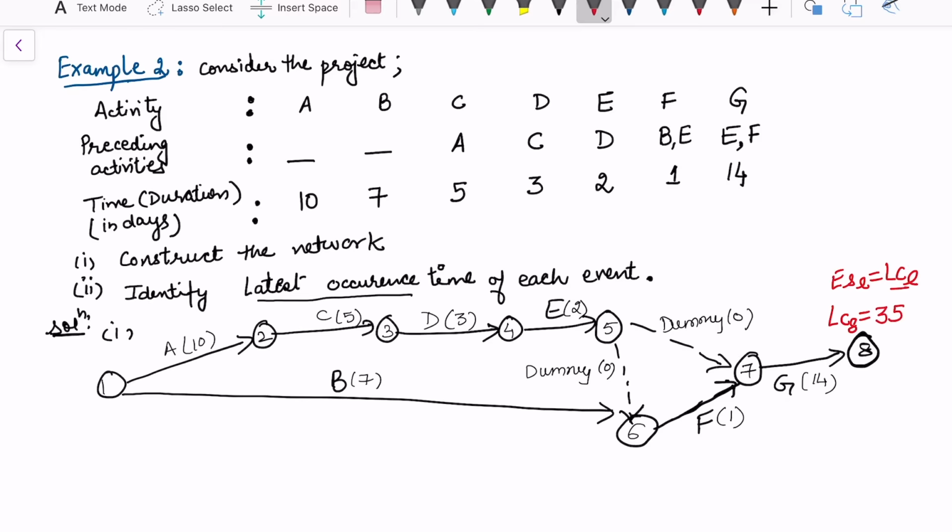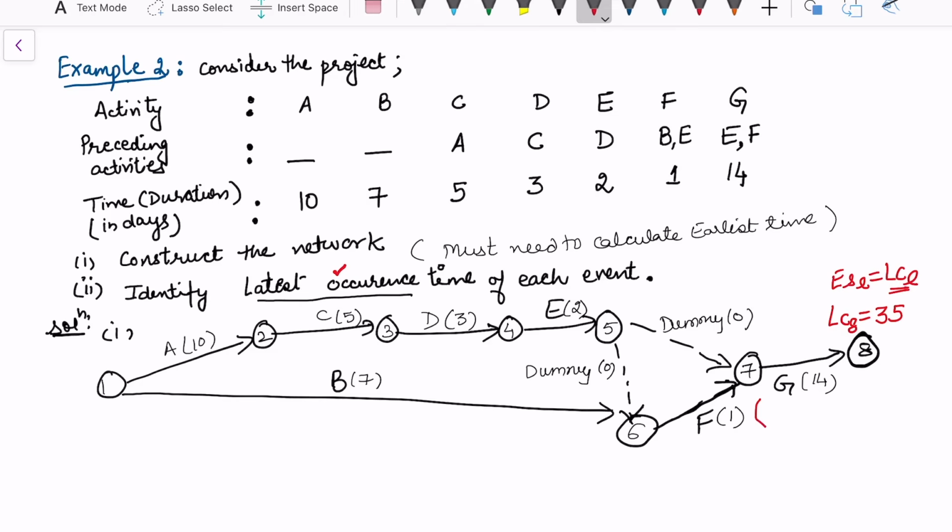So to calculate latest, we must know what my earliest time is. So by default, if I need to calculate latest occurrence time, I must calculate earliest time first, and then we calculate the latest time. Now let's come back to the previous node. At node 7, latest completion time means we assume that there is no further activity started from 7 and the project is completed on the 7th node itself.